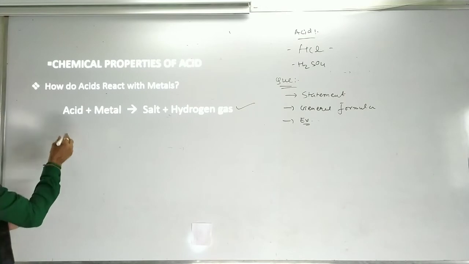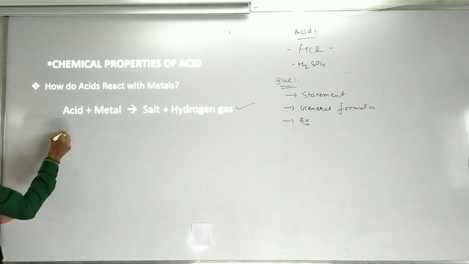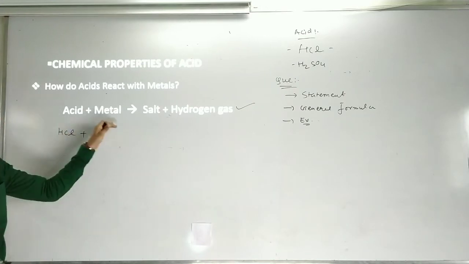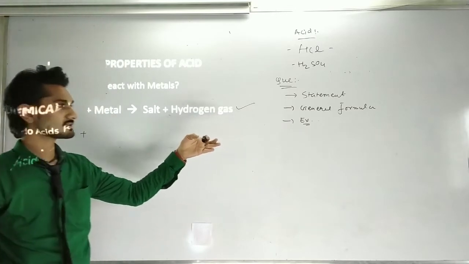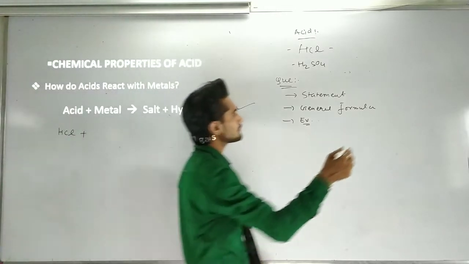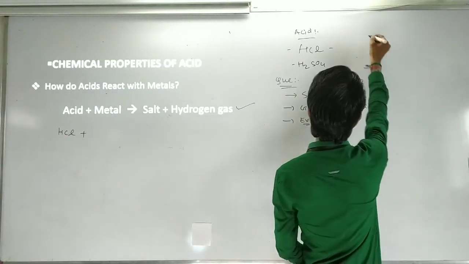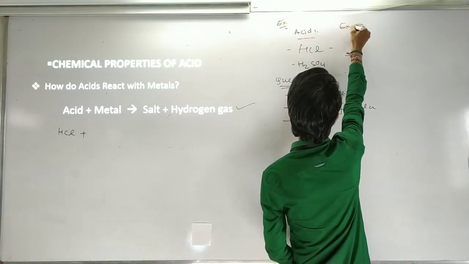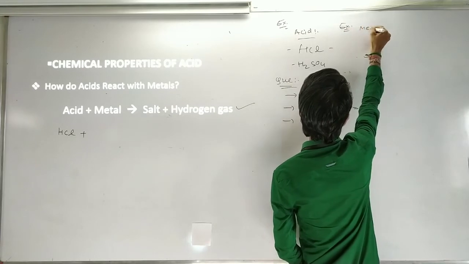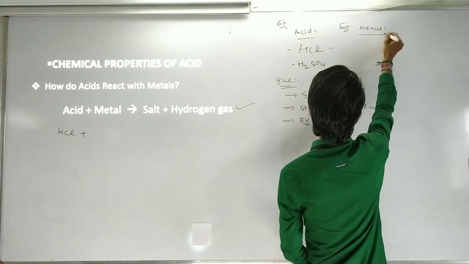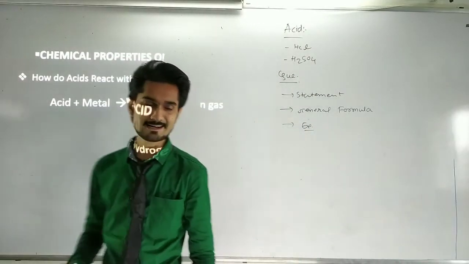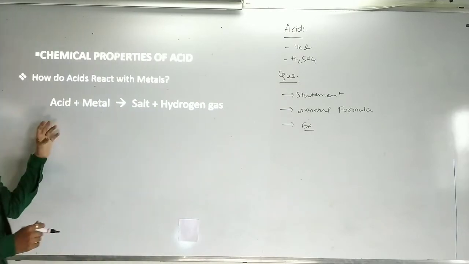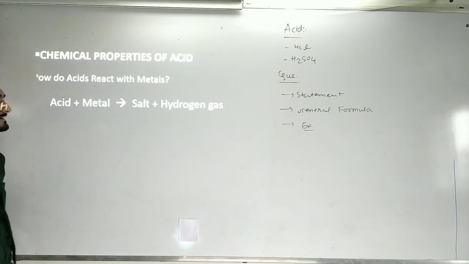For that I take the acid as HCl. In an earlier study we have seen some examples of acids and metals. So as we are going to see, when an acid reacts with metal, it gives two products, salt and hydrogen gas.